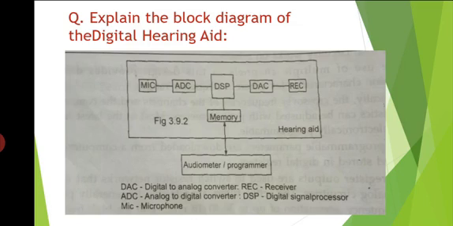Mic means microphone, then analog to digital converter, digital to analog converter, digital signal processor, receiver, and a two-port memory. Essentially, sound waves are picked up by the microphone, and these electrical signals are converted into digital form by the A to D converter.